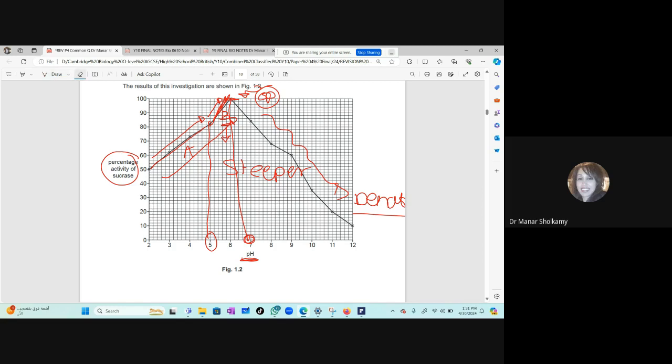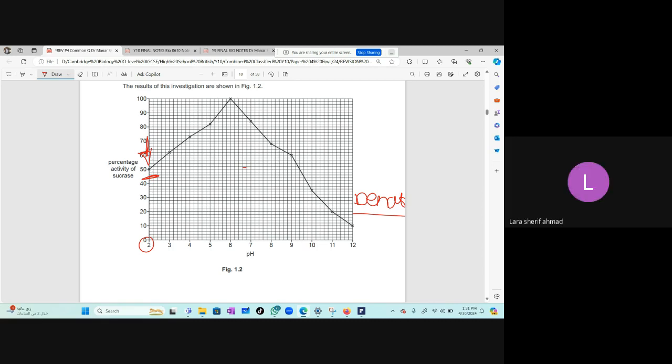Now, do we mention anything related to kinetic energy in this graph? Never. Now, if the pH is very far away from the optimum, like if the pH is 2 and it remains at 2, what will also happen to the enzyme? It denatures. Yes, it does.